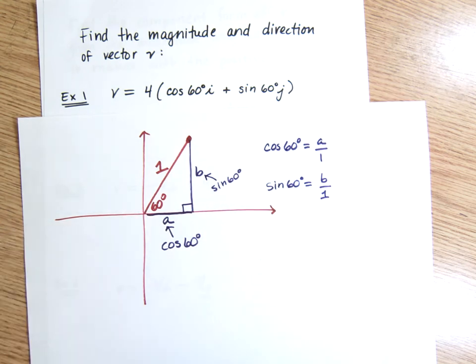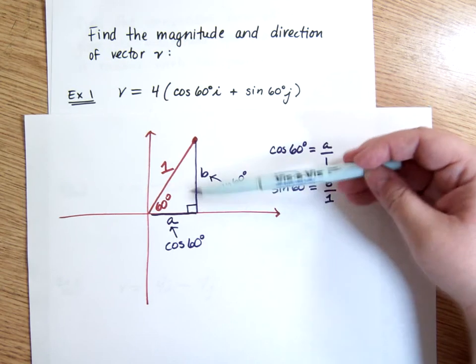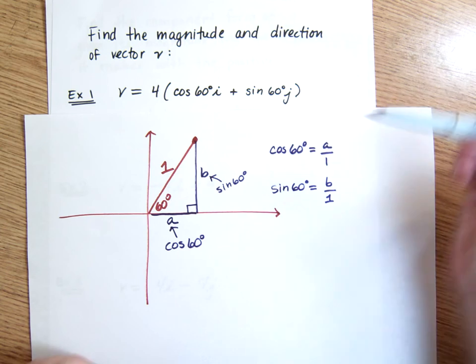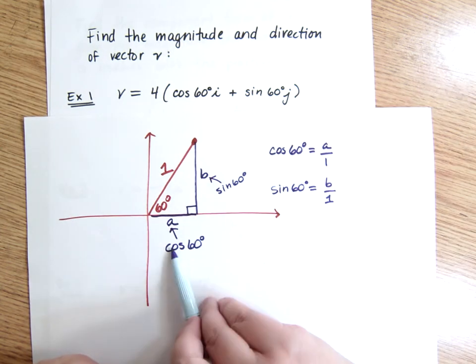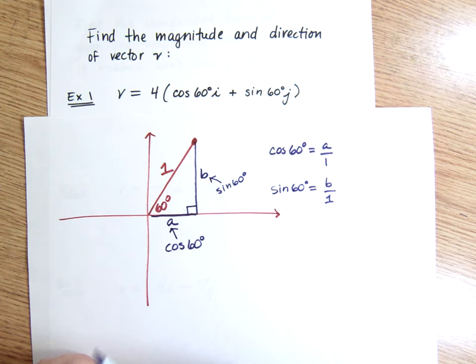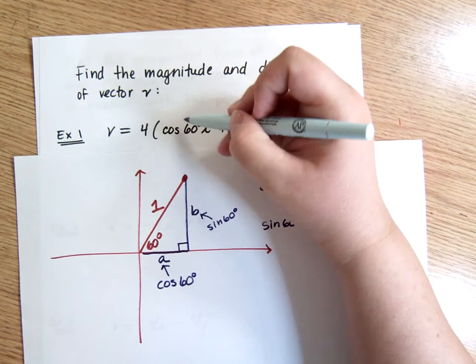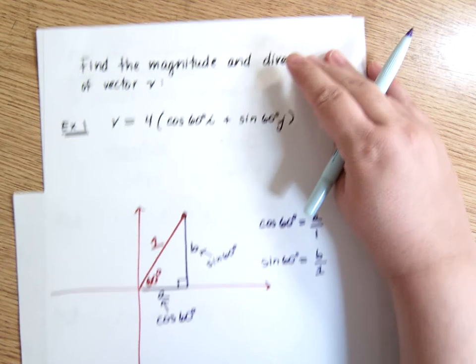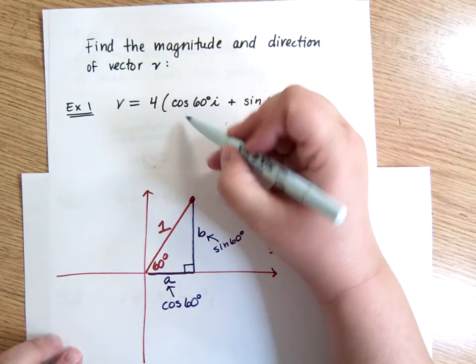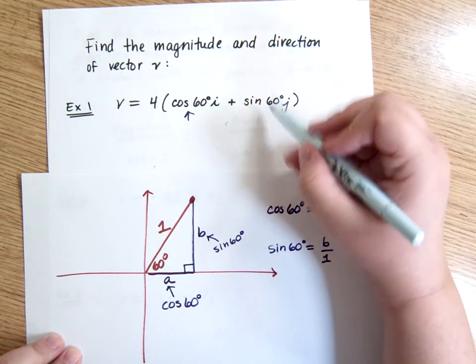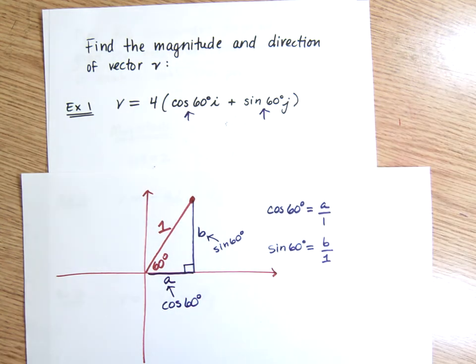So again, my vertical component here is just the sine of my angle. That's kind of how it's going to keep working. Your horizontal component is the cosine of your angle, and the vertical component is the sine of your angle. So this is the horizontal component. This is the vertical component.